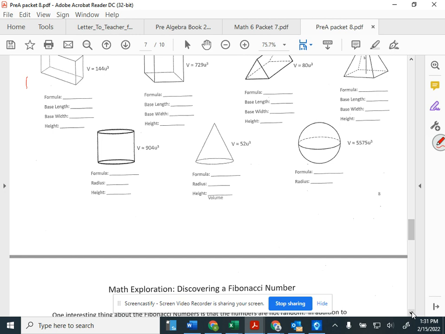The rectangular prism is the length times the width times the height. The width times the length times the height. A cube is the sides cubed. All right, side cubed. Triangular prism is 1/2 length times width times height. The pyramid is length times width times height divided by 3.